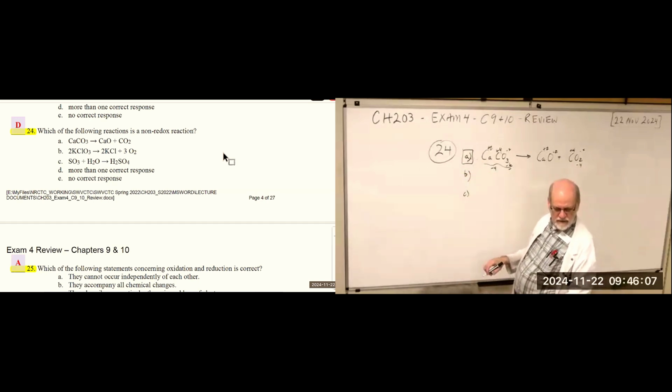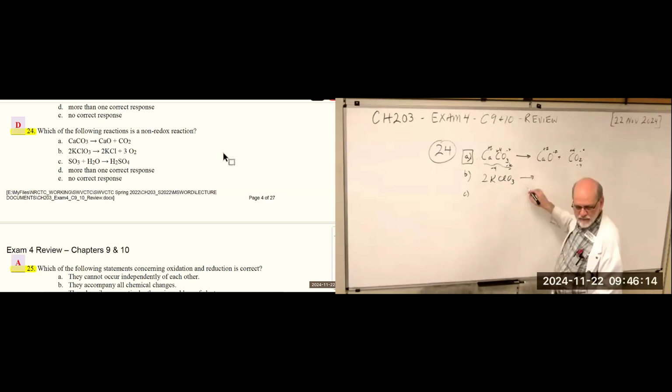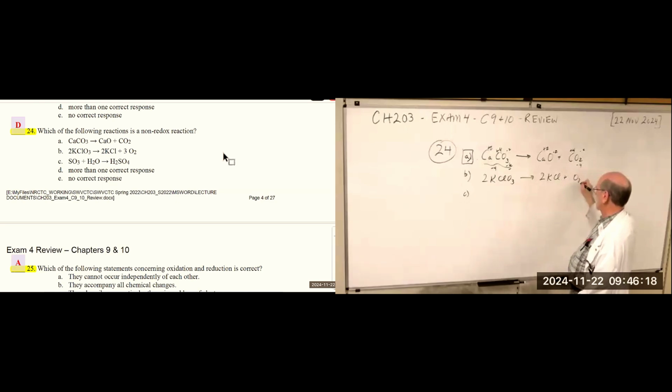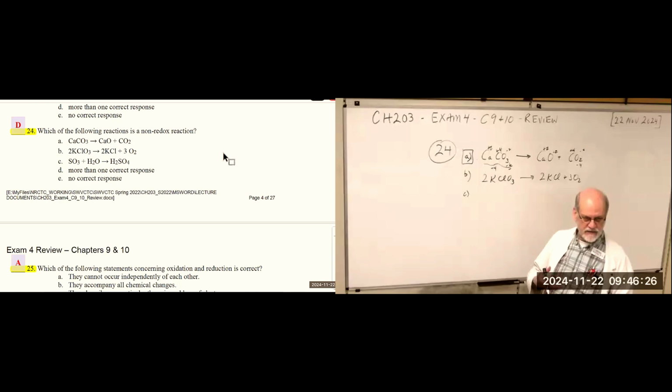How about this one? Well, potassium chlorate will decompose into potassium chloride plus oxygen. 3 of them. All right. That's the stuff we just put on the floor as a liquid. When it dries, then it becomes shock sensitive.